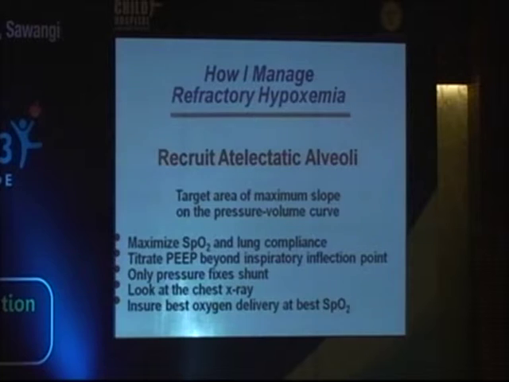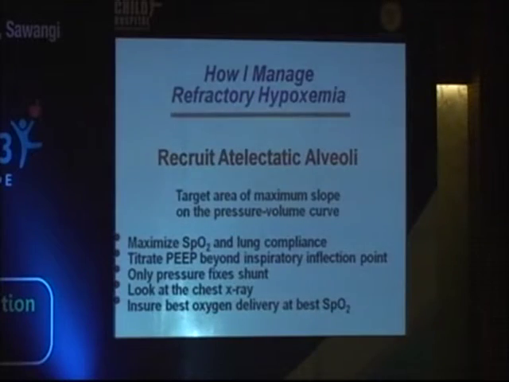Well, then the most basic step for most lung diseases that we encounter is recruiting alveoli that are atelectatic. And what we want to do basically in terms of physiology is thinking about the relationship between pressure and volume, and I'll show you this in a few seconds, and titrate the patient with pressure to that area on the pressure volume curve where there is maximum slope.